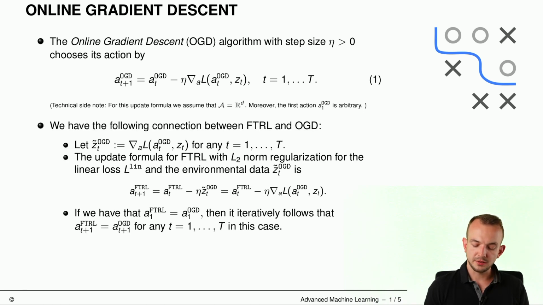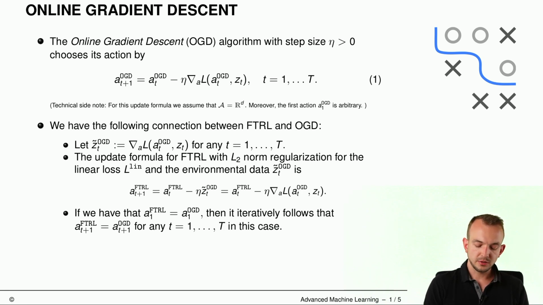Let's recall how we derived this online gradient descent algorithm. We used artificial data points, which were nothing else than the gradients of the loss function evaluated at the most recent points, namely the action we used in time step t and the environmental data point we observed in time step t.